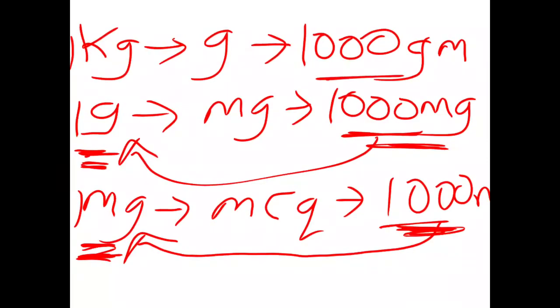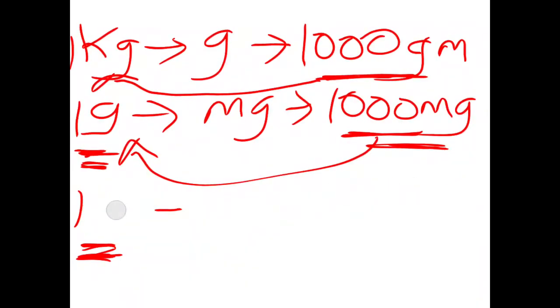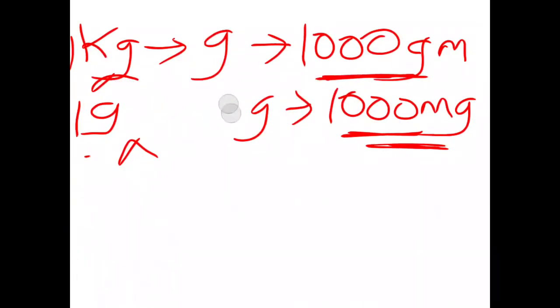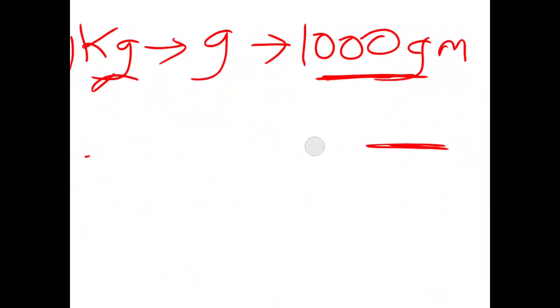Then if you have 1000 grams, this is equal to 1 kg. So in terms of conversion, this is how you can convert from one particular SI unit to the next different SI unit.